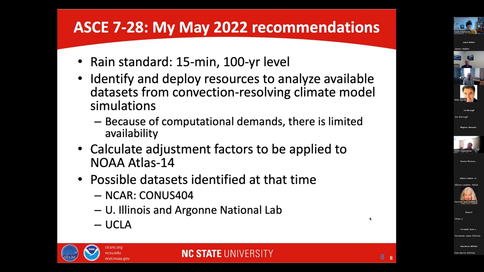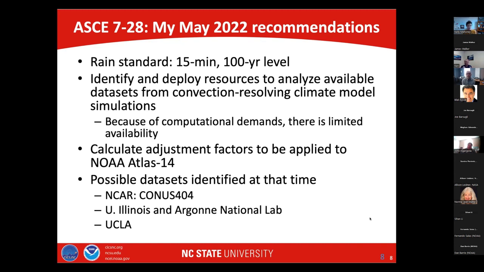The second part of my recommendations is that to incorporate future change, we do this as an adjustment to the historical values rather than independently calculating future values from, say, climate model data. We actually use the climate model data to compute an adjustment. Maybe it's 15% higher, for example, in the future from our climate model data analysis. And that 15% would be applied. And at that time, we had NOAA Atlas 14.